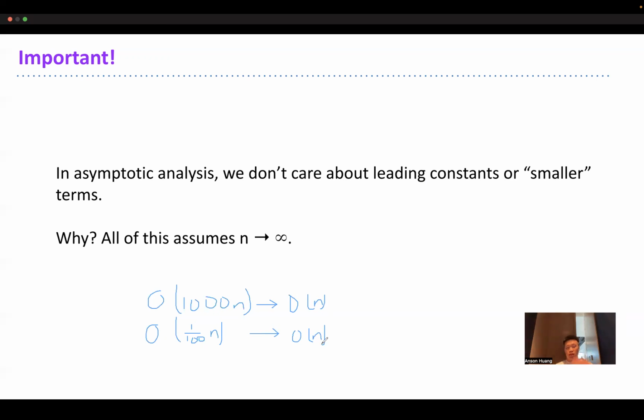So whenever we're talking about runtime analysis, we don't really care about the coefficients or any constants in the runtime function. So order 1000n is the same as order n. Order 1 over 100n, that's just the same as order n. Either way, it grows linearly because we're assuming n is approaching infinity. If n is infinity, this 1000 is irrelevant, this 1 over 100 is irrelevant.